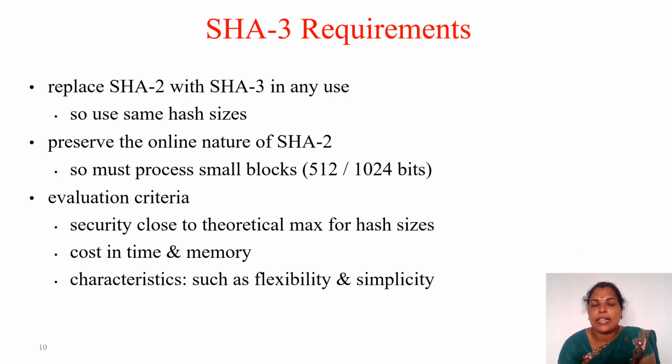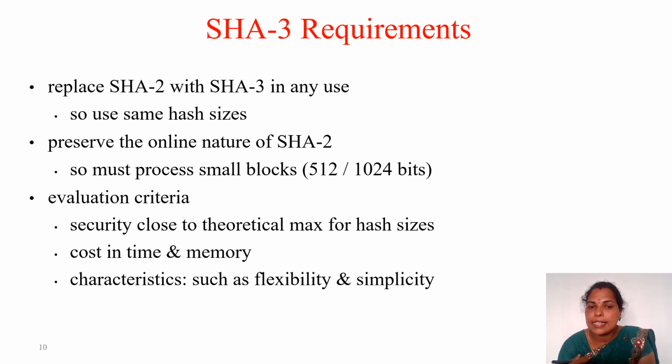Some of the SHA-3 requirements include replacing SHA-2 with SHA-3 in any use, so we can use the same hash sizes, and preserving the online nature of SHA-2, that is, we must process small blocks of 512 or 1024 bits. The evaluation criteria for SHA-3 are security close to the theoretical maximum for the hash sizes, and better performance in terms of cost, time and memory.